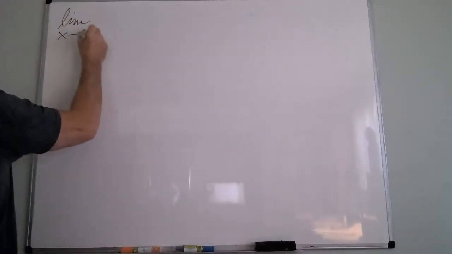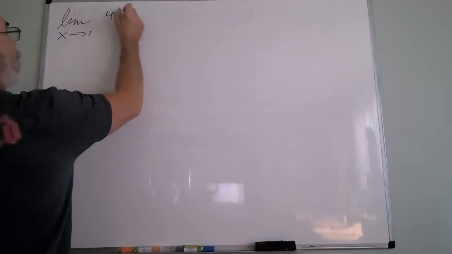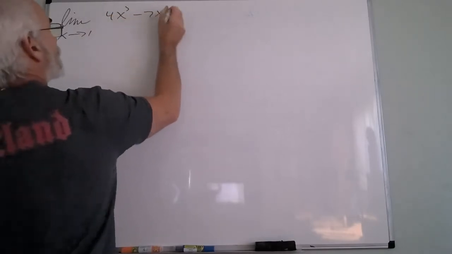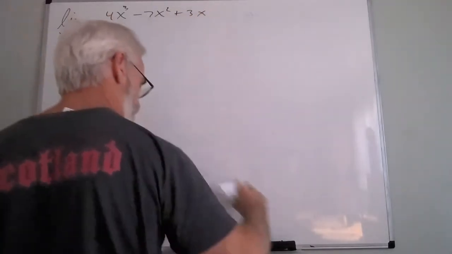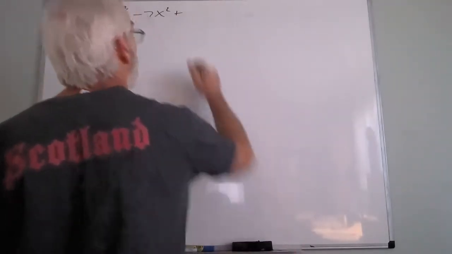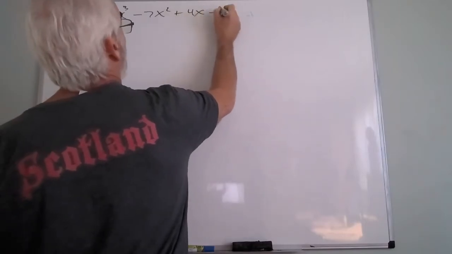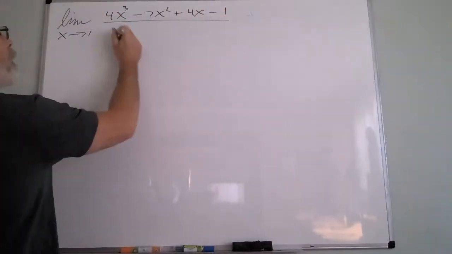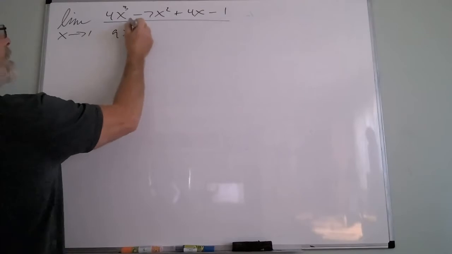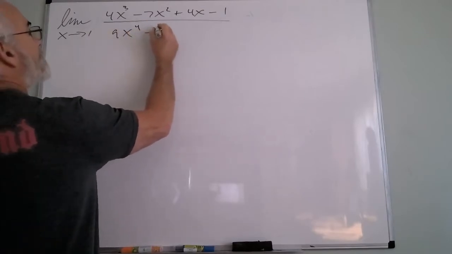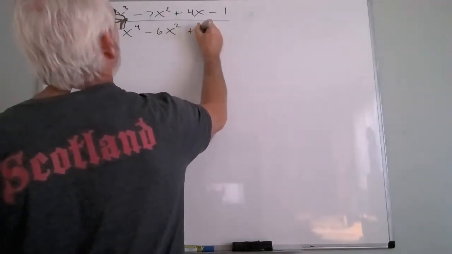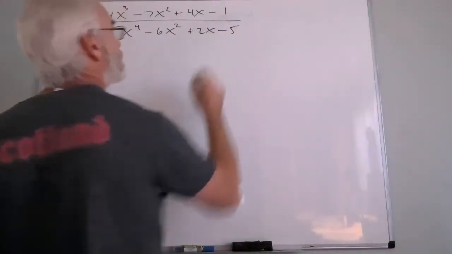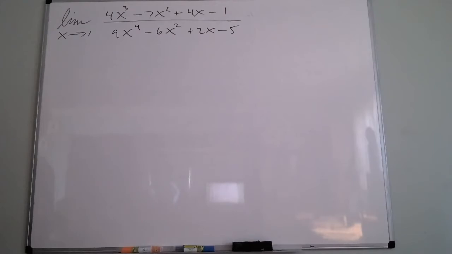I have the limit as x goes to 1 of 4x cubed minus 7x squared plus 4x minus 1 all over 9x to the 4th minus 6x squared plus 2x minus 5. That's a big yikes. I want to take this limit.